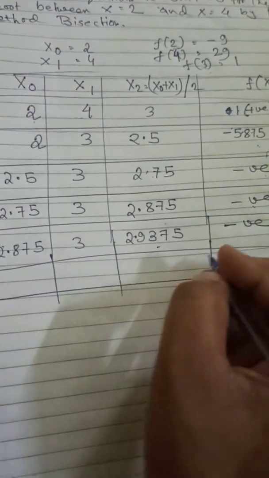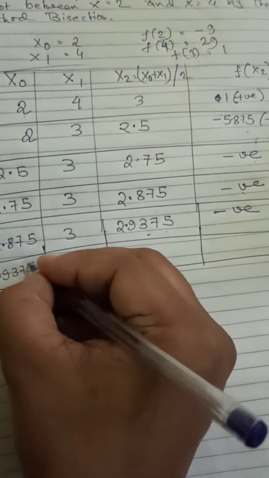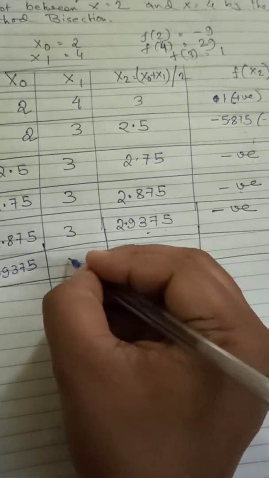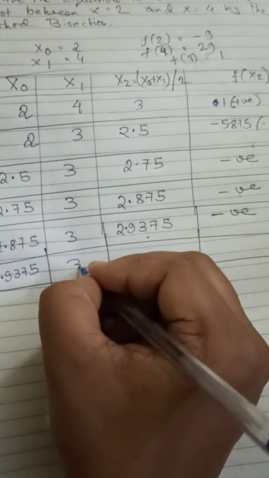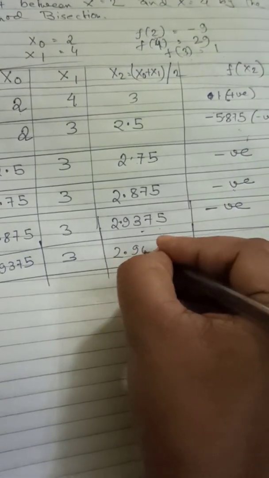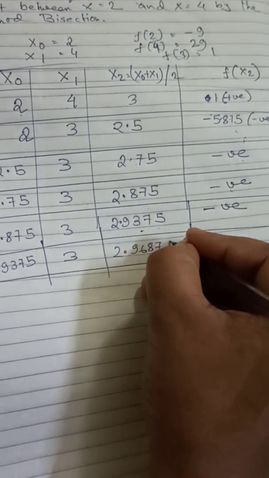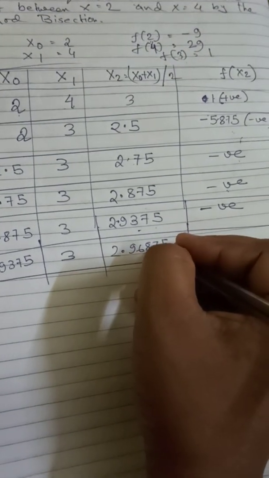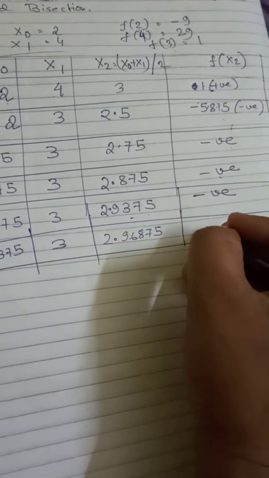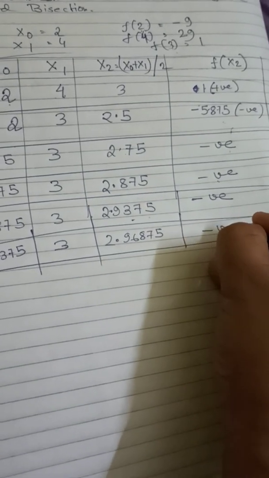So this value comes here: 2.9375 and 3, and the new value will be 2.96875, which is also a negative value.